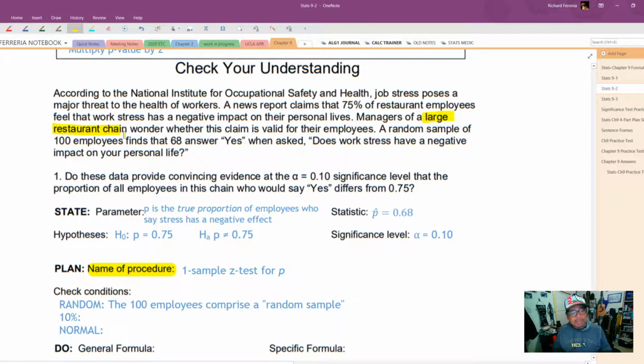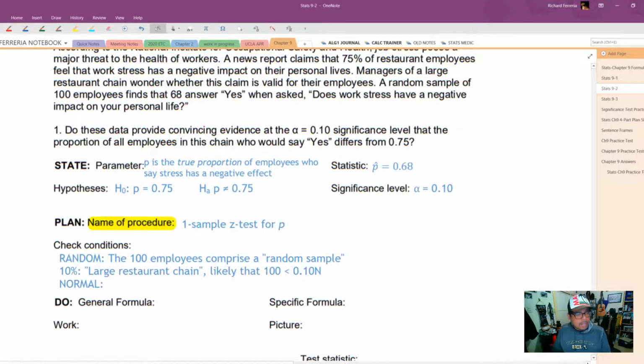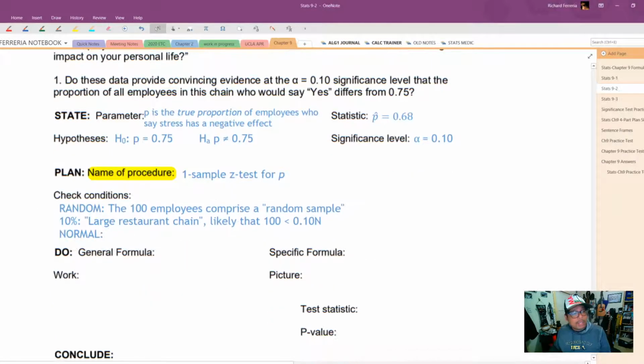So that leads me to believe that there are very likely more than 1,000 employees. So to qualify the 10% condition, I'm going to say, quote, large restaurant chain, likely that 100 is less than 0.1 n, or 0.10 times n.